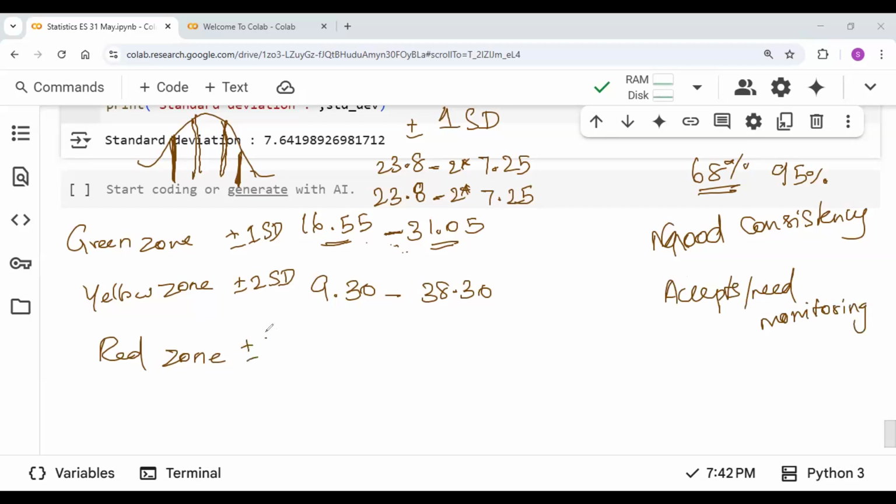But for plus or minus 3 standard deviations, what would be the value? From the mean, 3 times the deviation value, which gives you this zone.